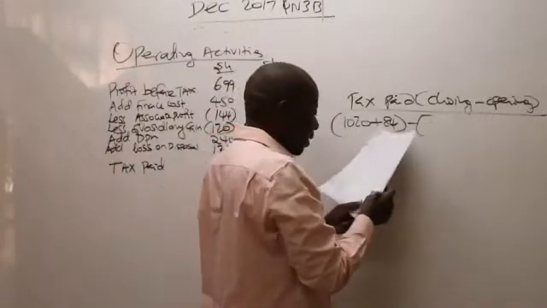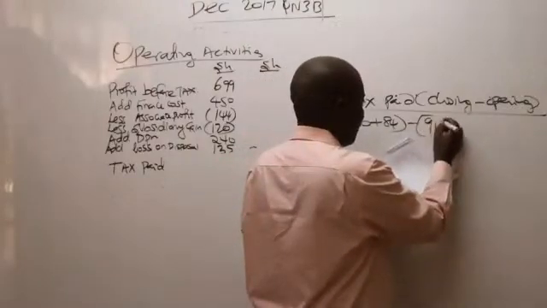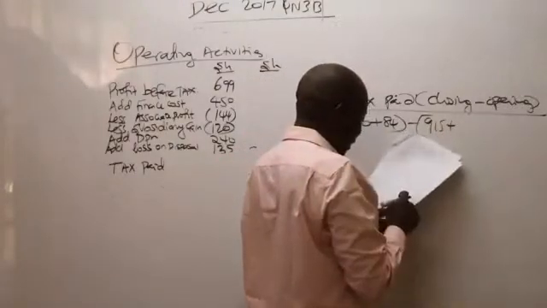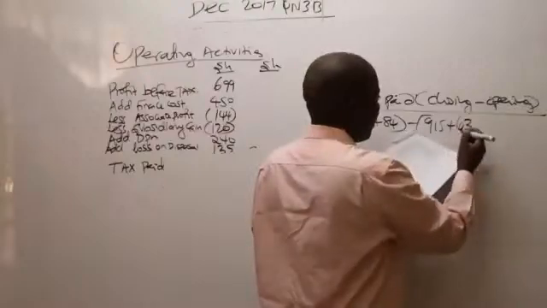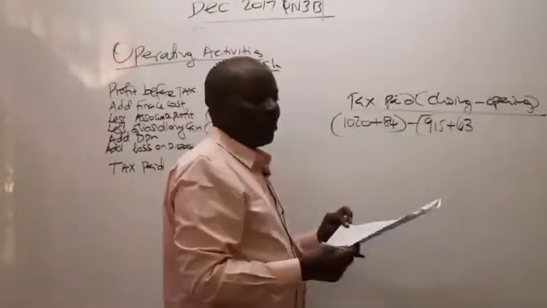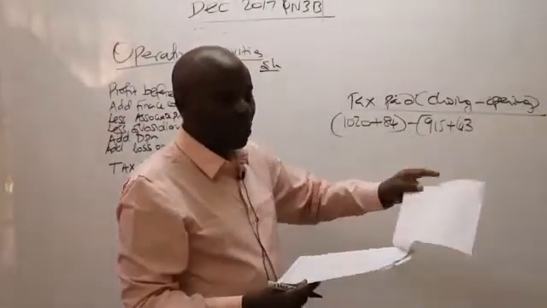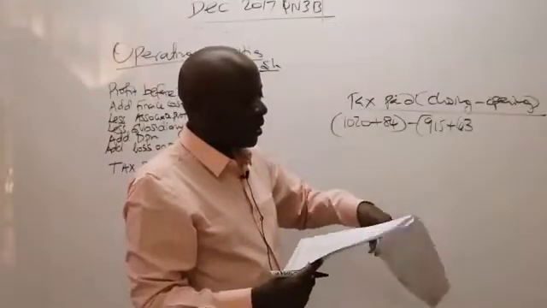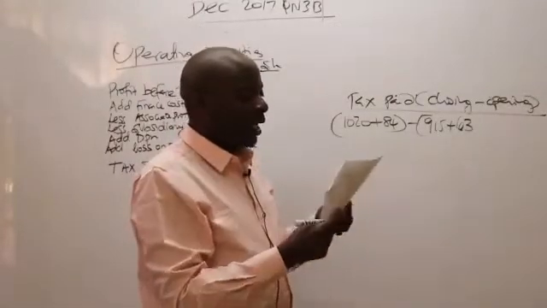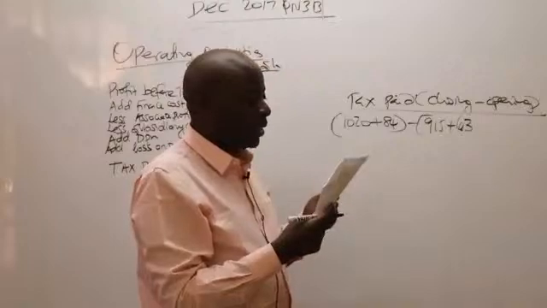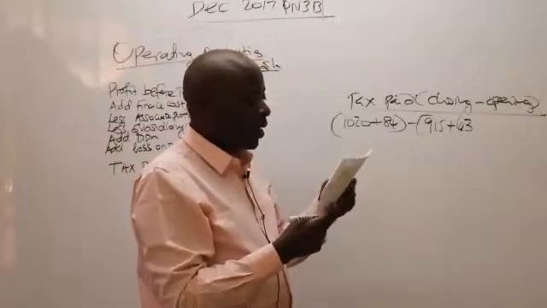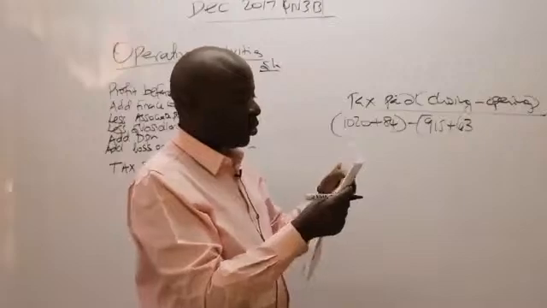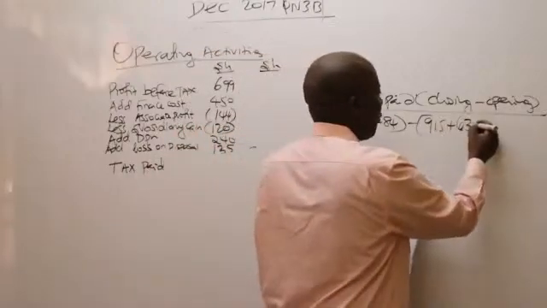So opening, I can see 915 plus what here? 63. All right, plus 63. But again, remember that there was a disposal that has to be adjusted in the opening amount. A disposal over how much here somebody? A disposal of 15.